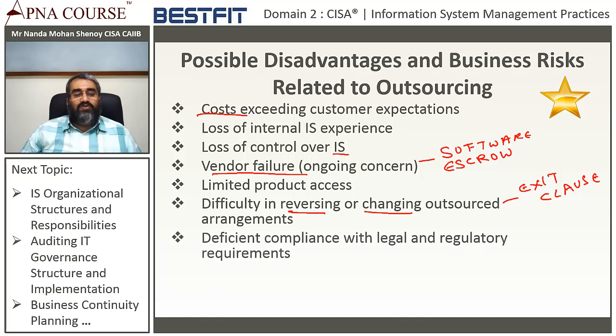Then deficient compliance with regulatory and legal requirements by the service provider. Many times when something is outsourced to a company X, company X may not even have the requisite software licenses, or they may use illegal software, they may not even have simple labor law compliances.